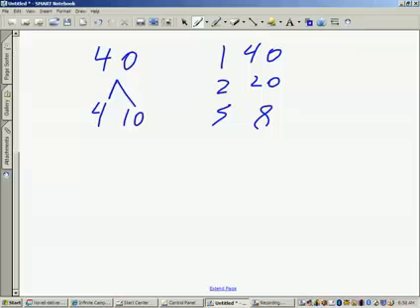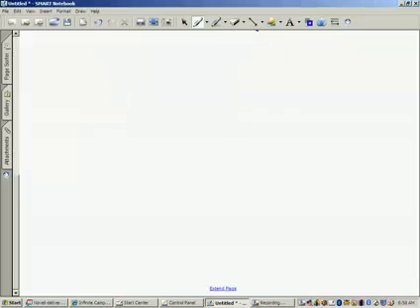Now, when thinking about a common factor, so this is factors of just one number. If I'm talking about a common factor, I'm talking about a factor between two numbers that's common, meaning both 20 and 40 contain it. Let's look at factors of 40 and 20.